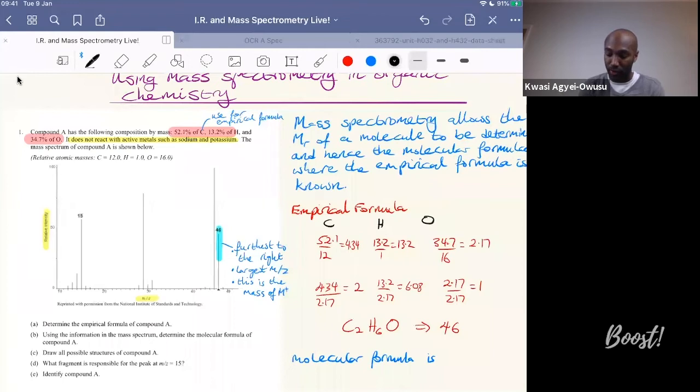So our molecular formula should also be in this case C2H6O. Okay, so empirical formula is same as molecular formula. The reason we can say that is because when you add up the masses for the atoms in your empirical formula, they add up to the MR as given by your mass spectrum, which is M over Z.